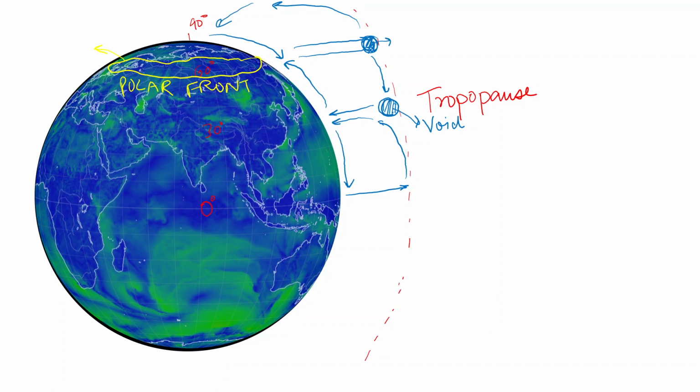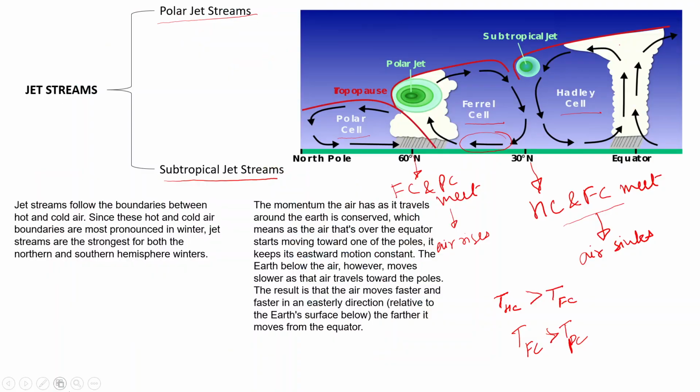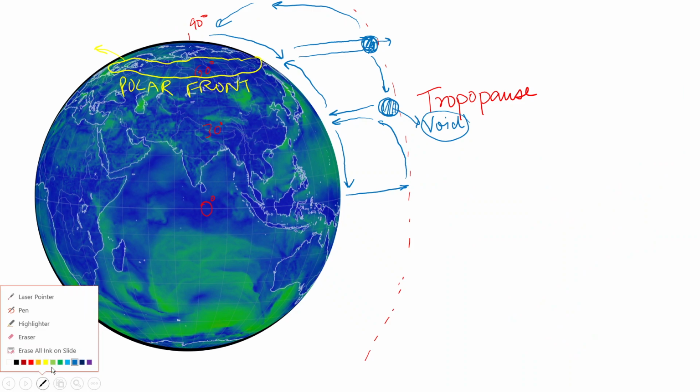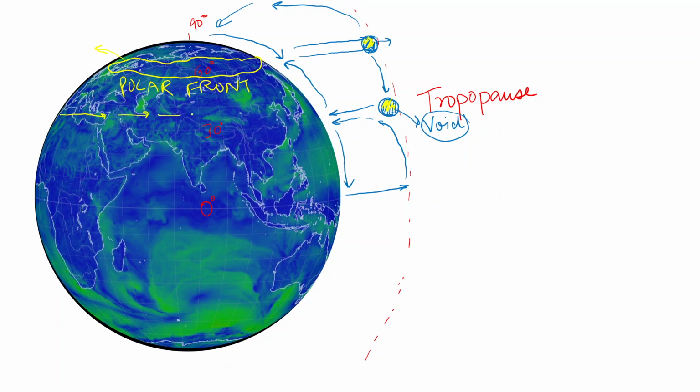Now the air mass which is here in the voids at the junction of these two cells starts moving from west towards east. So if we try to draw this, we will see that this air mass over here and this air mass over here will be set into motion, and so we will get winds which are moving from west towards east.